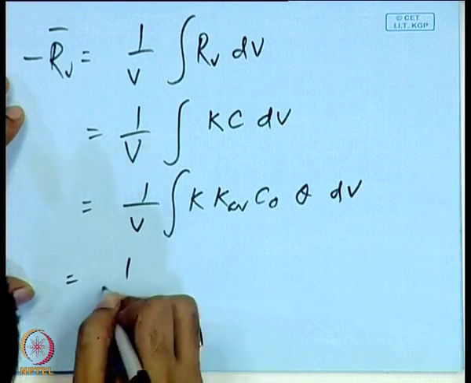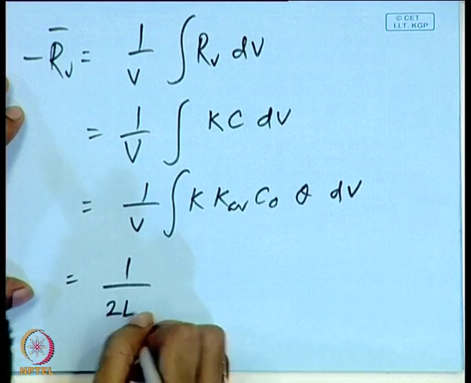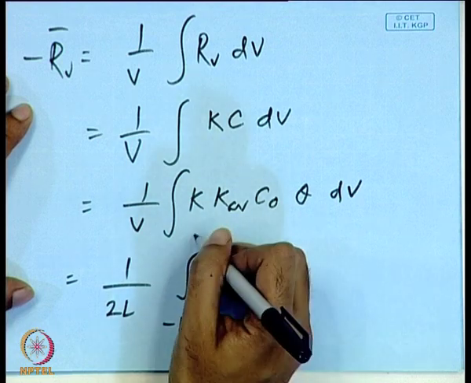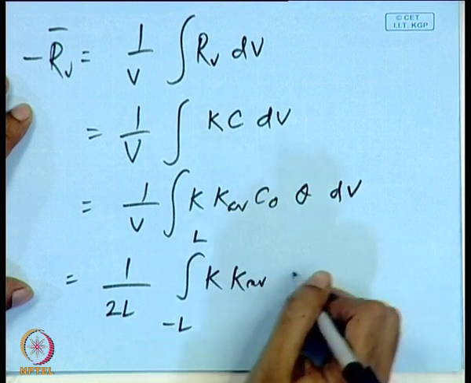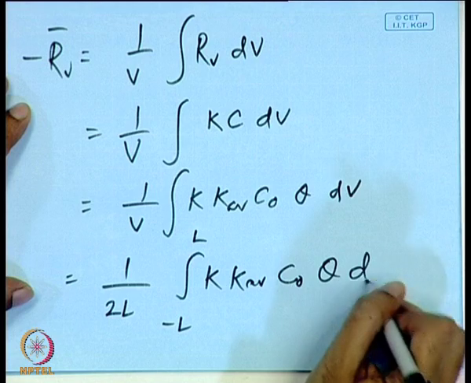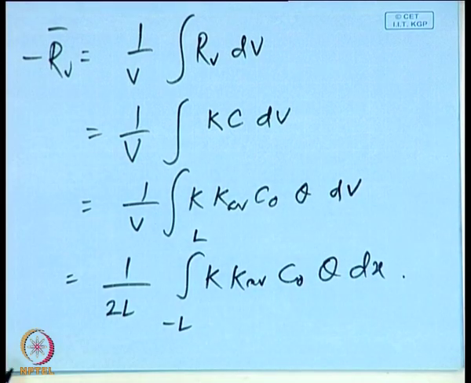So, you will get 1 over 2L, this goes from minus L to plus L, K kV C naught times theta into dx, right, is it right?